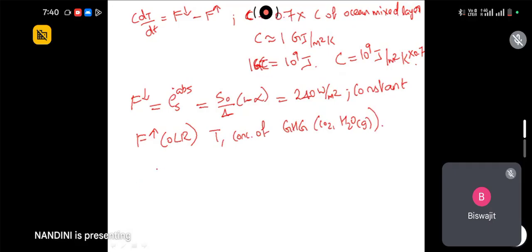So F incoming minus F outgoing is a function of temperature and chi, the concentration of the greenhouse gases.